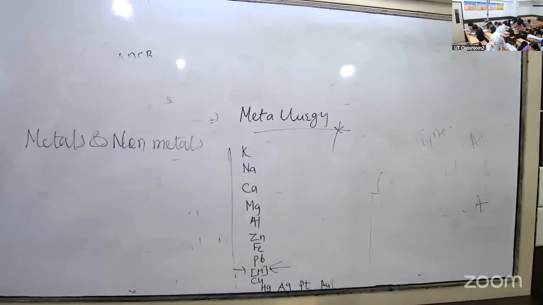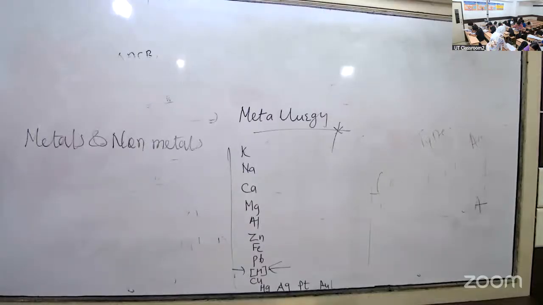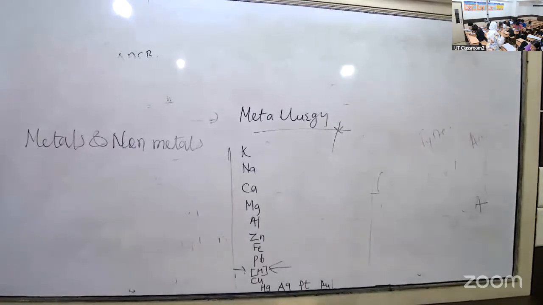Hence, potassium is the strongest, put dash, इस पे आपको आंसर लिखना है, dash agent. Hence, potassium is dash agent.